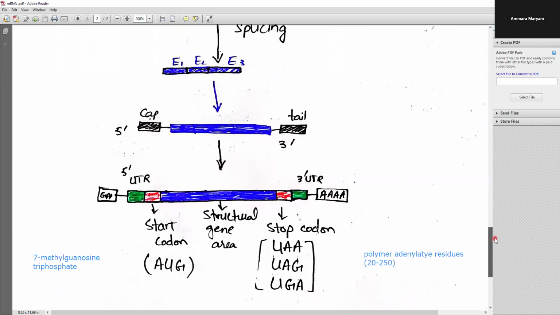ठीक है, so here finally you can see that this is the mature messenger RNA। ठीक है, so basically this messenger RNA is carrying the information from a particular gene। ठीक है, now every messenger RNA, I'm talking about the mature messenger RNA, उसके start में there will be the UTR, that is the untranslated region, जो कि 5 प्राइम टर्मिनल की तरफ होंगी तो these are known as the 5 prime UTRs.